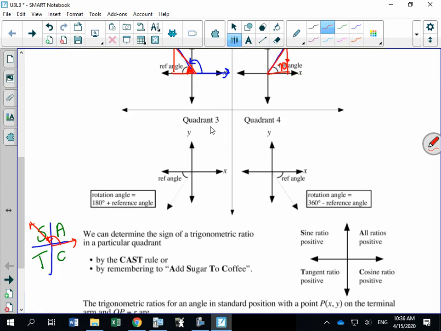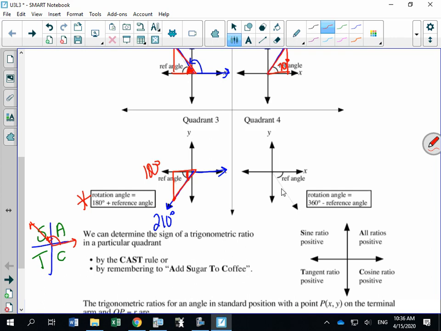In the third quadrant, so if I was to terminate in the third quadrant, and let's say that was 210 degrees, draw your acute triangle. So that would be my acute triangle. And if I said, well, what's your reference angle? The reference angle would be this angle here. And in order to calculate that reference angle, it would be 210 degrees minus 180 degrees.